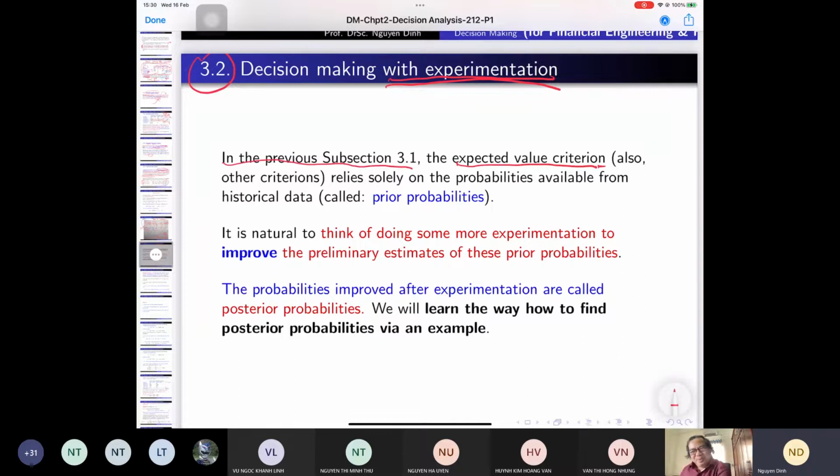Do you find out something wrong here? You get 5 points if you find it, from here to here: relies solely on the probability available from historical data, called prior probability. Just only in this paragraph. This is actually only one sentence.